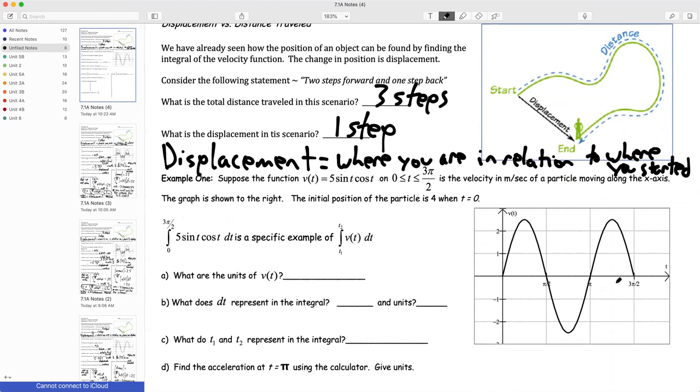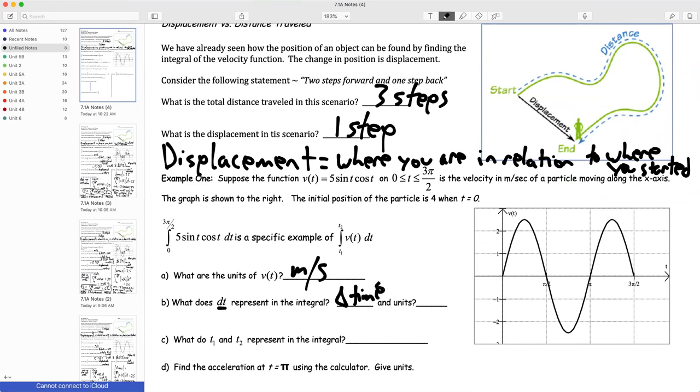What are the units for my velocity function? They tell us they are meters per second. And what does the dt represent? It's the change in time.